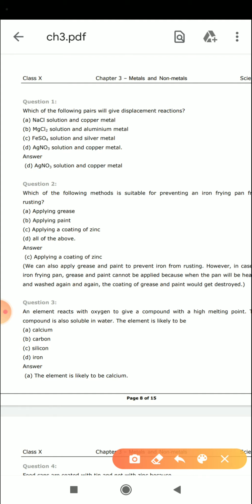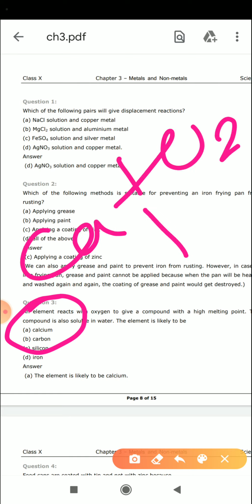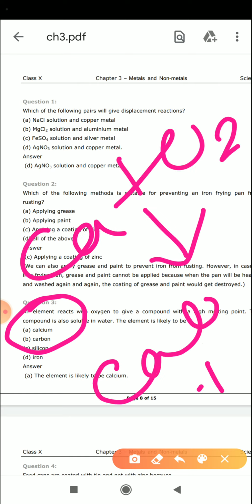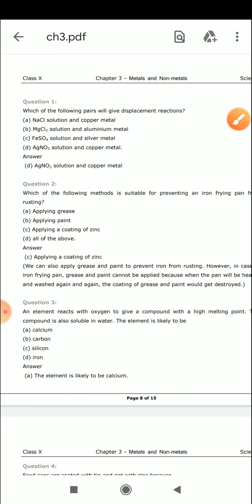Carbon dioxide has no high melting point because it is in gaseous form. Silicon will not be applicable, same with iron. So the only one here is calcium. When calcium reacts with oxygen, it forms calcium oxide, and when that reacts with water, it forms calcium hydroxide. So this will be the correct answer.